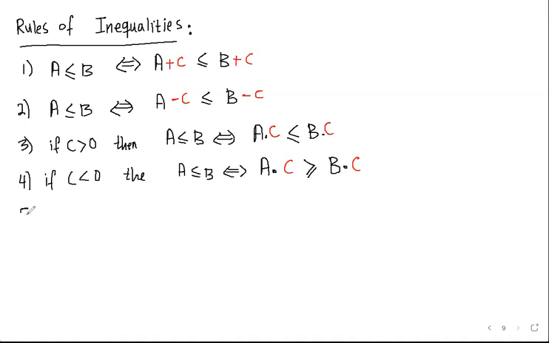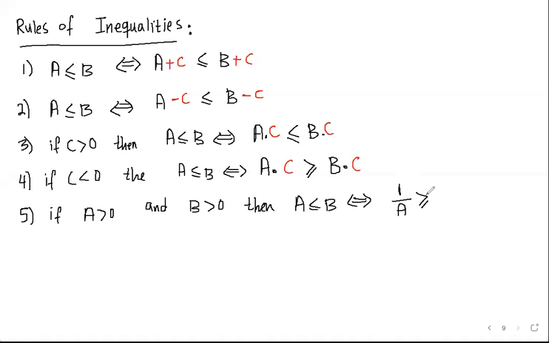Okay, number 5. If A is greater than 0 and B is greater than 0, then A less than or equal to B is equivalent to, if I want to flip this one, I also have to change the inequality symbol. 1 over A is greater than 1 over B. We have to change the symbols.